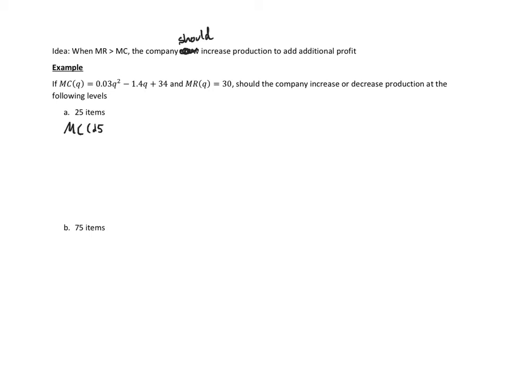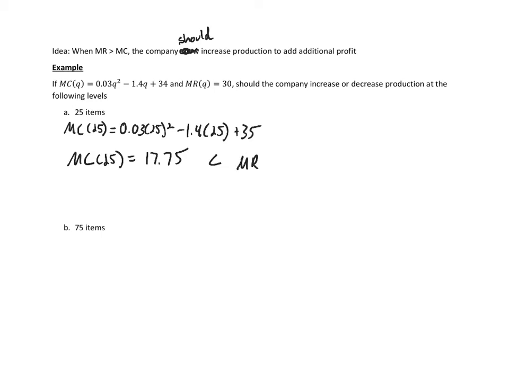Marginal cost of 25 items would equal 0.03 times 25 squared minus 1.4 times 25 plus 35. In this case, marginal cost of 25 items would equal $17.75. Notice that that is less than the marginal revenue, which was 30. So since cost is less than revenue, we should increase production.